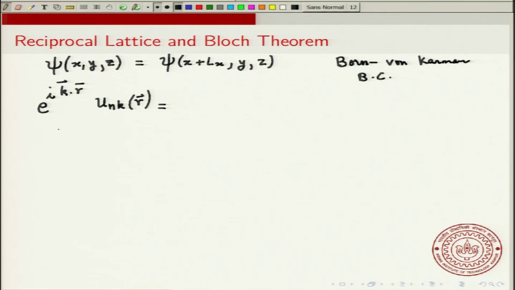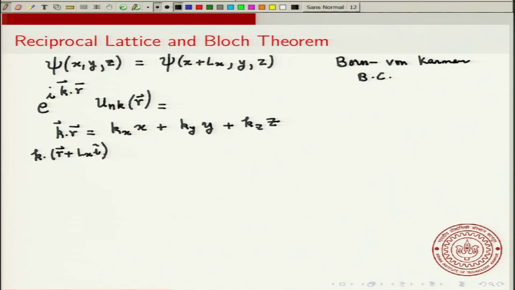If I use k dot r equal to kx x plus ky y plus kz z, then you will have k dot r plus Lx i. That is like changing x to x plus Lx.